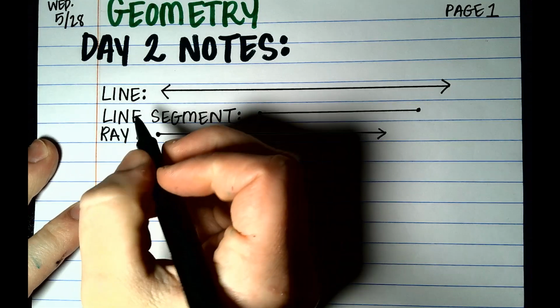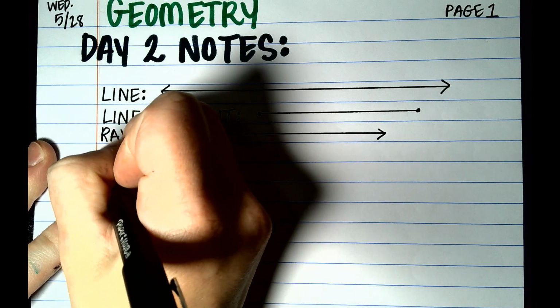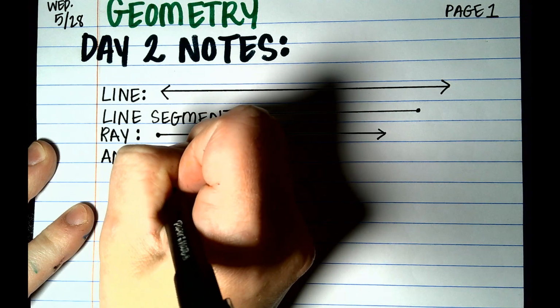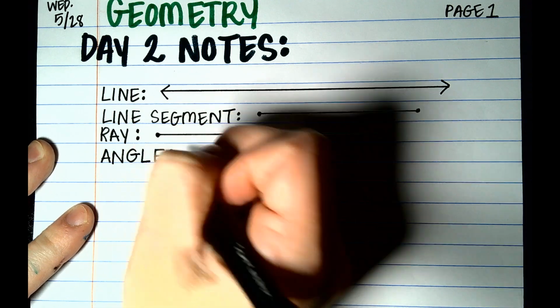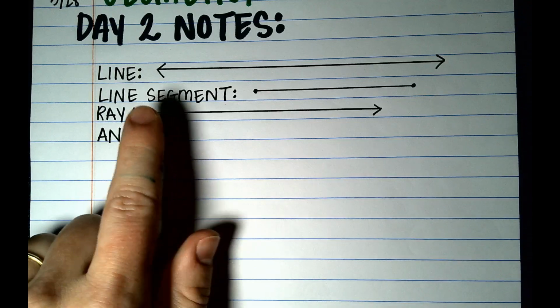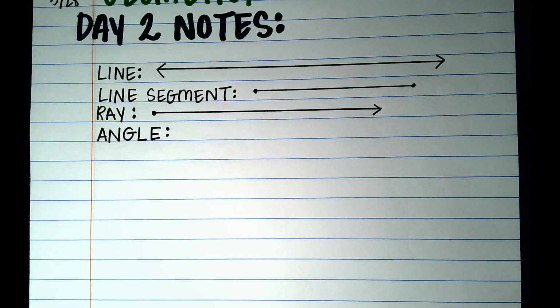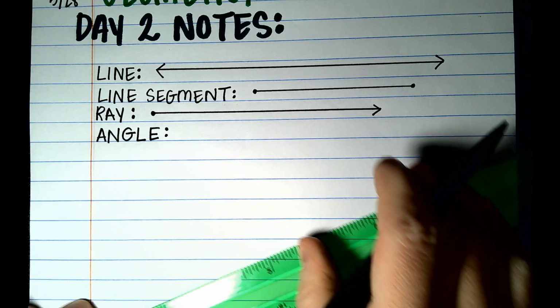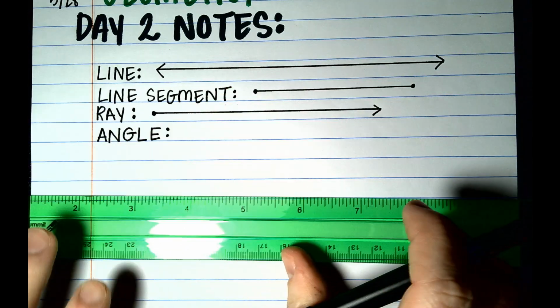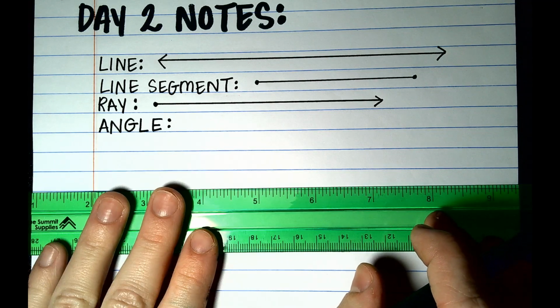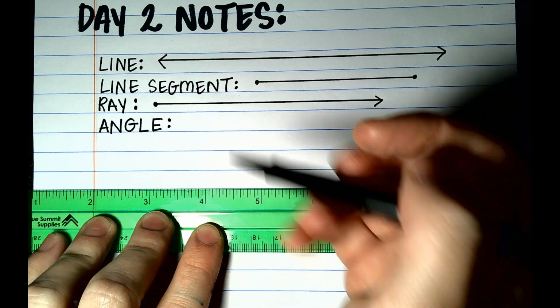We're going to talk about angles. An angle has one point, and it's made up of two rays that share a point. So it doesn't matter exactly how you draw it. I'm going to move down like 4 spaces just to give myself some room.